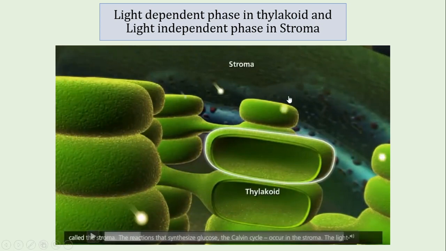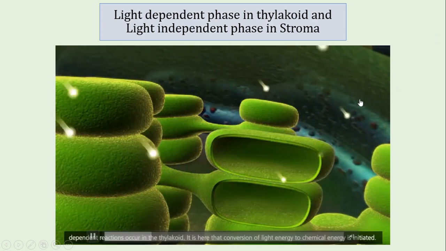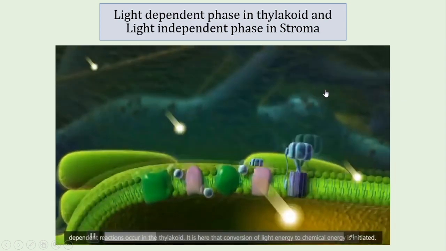And we know that the light dependent reactions take place in the thylakoid, and the light independent reactions take place in the liquid matrix, the stroma. The reactions that synthesize glucose, the Calvin cycle, occur in the stroma. The light-dependent reactions occur in the thylakoid. It is here that conversion of light energy to chemical energy is initiated.